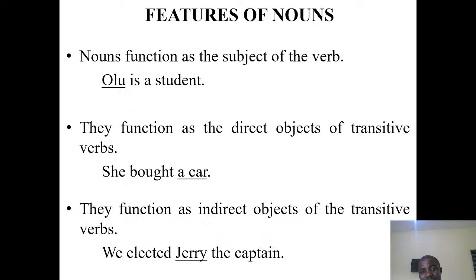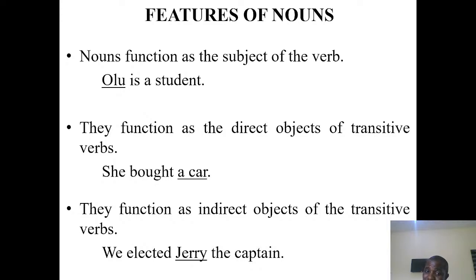They function as direct object of the transitive verb. In this sentence, we elected Jerry the captain. You will notice that we have two objects in the sentence: Jerry, captain. So which one is the indirect object? So when you see two objects coming after the verb, the first object is the indirect object. The last one is the direct object.